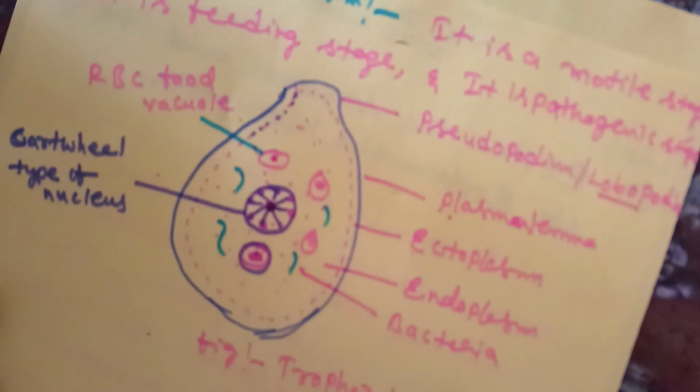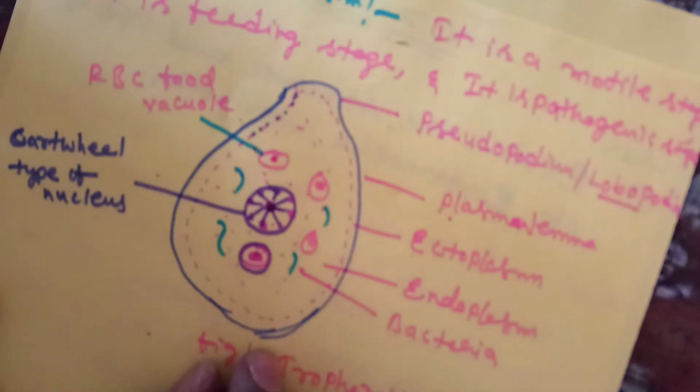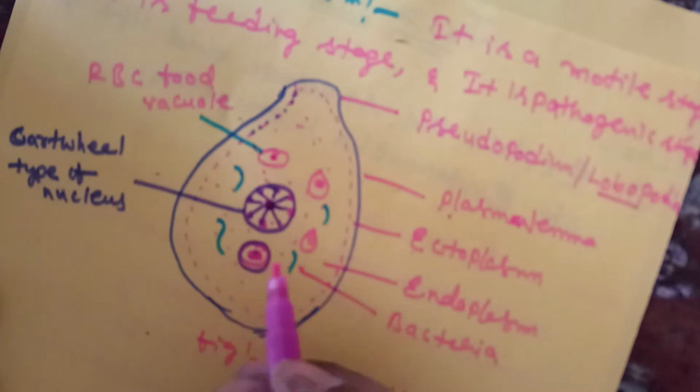This trophozoite form is a pathogenic stage, a feeding stage, and a motile stage. In this form, the Golgi complex, endoplasmic reticulum, lysosomes and some other cell organelles are absent, and ribosomes are present. When oxygen is not available, it carries out anaerobic respiration, obligatory respiration.